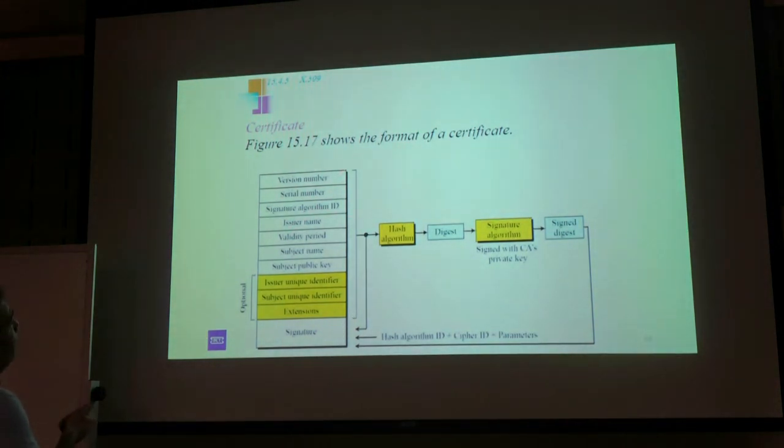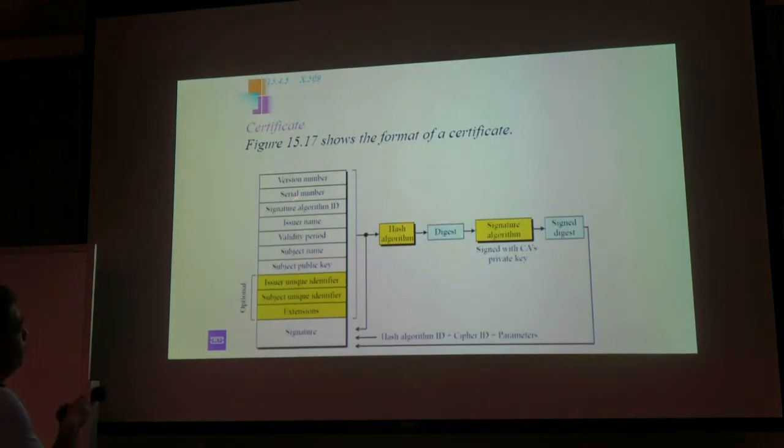So this shows the format of the certificate. You have the version number of the X509, the serial number, since every certificate issued has a serial number, and the signature algorithm ID. There are so many algorithms to encrypt, so which one? Then the issuer name and the validity period.